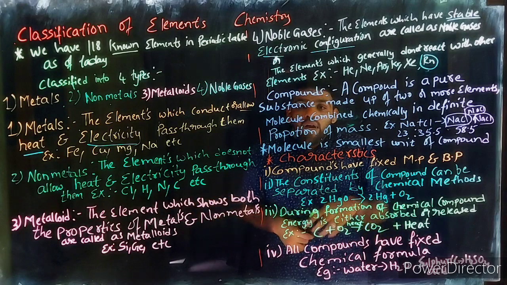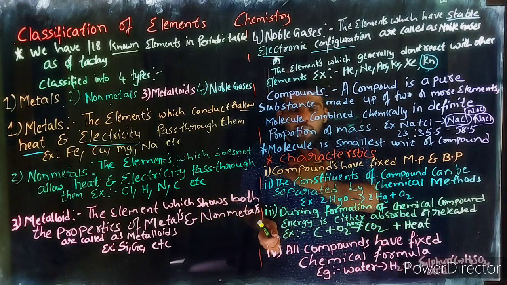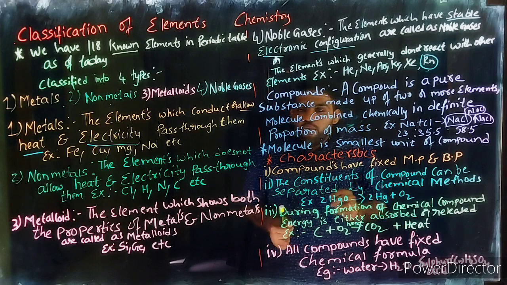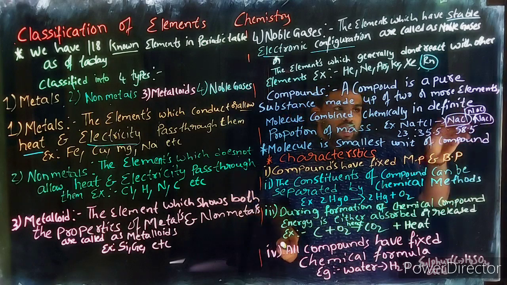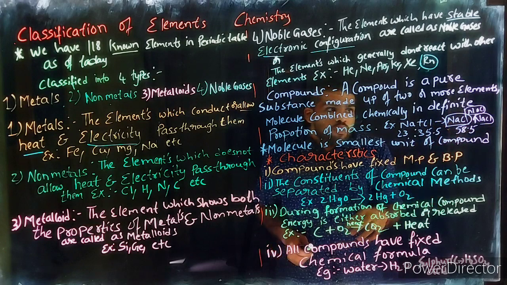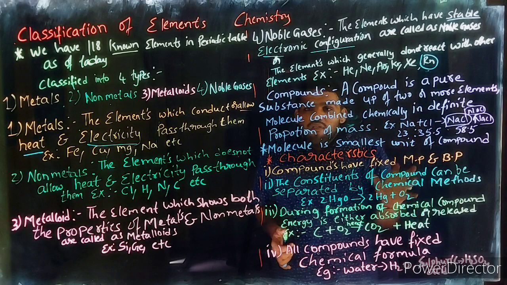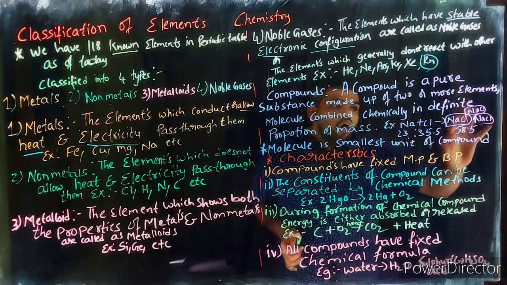When I say molecule, it happens to be the smallest unit of a compound. Means what? Few molecules will combine together to form a compound. As you can see in the representation here, I've written 2 or 3 molecules of sodium chloride. I've just drawn it roughly for your understanding. And one more thing, these molecules are identical in all respects.